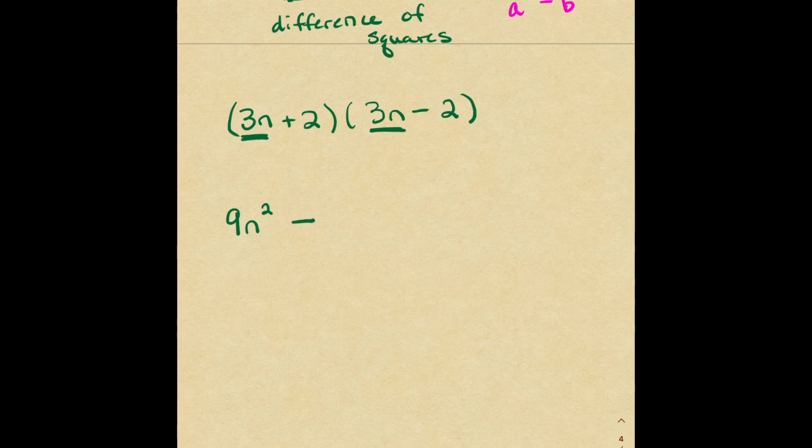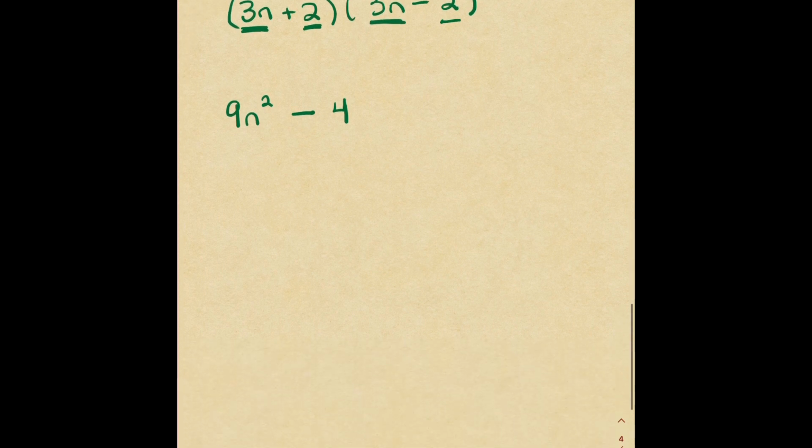A plus sign in the middle of two squares creates something with imaginary numbers. You will not have that situation this year. And then my outer and my inner are going to cancel. If I wanted to look at that, it would be negative 6n and positive 6n. They're going to come together and cancel. And then there's 2 times negative 2, which gives me minus 4. And so I can just do the answer just like that.